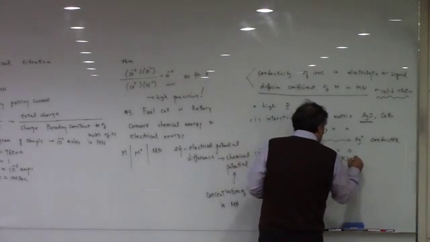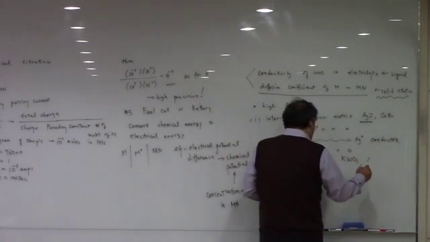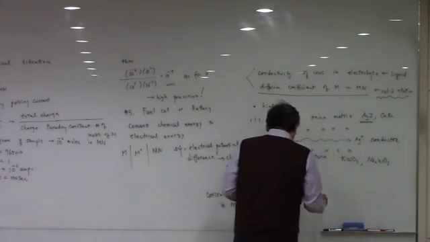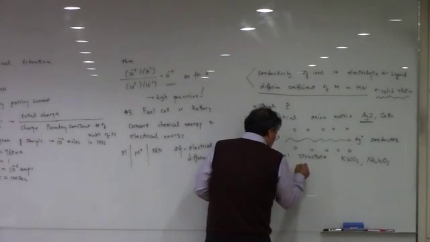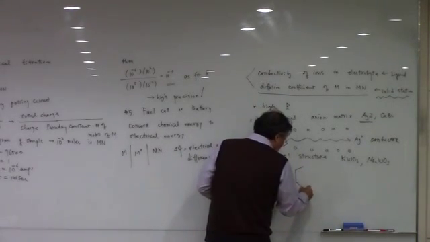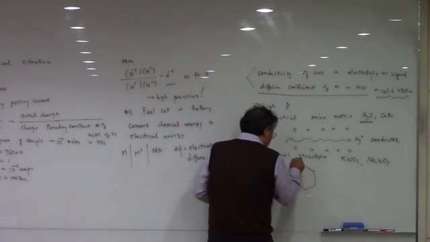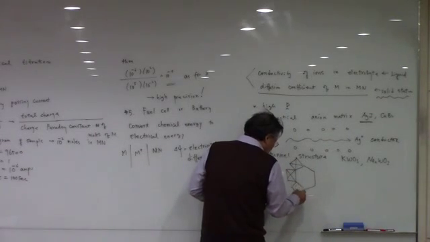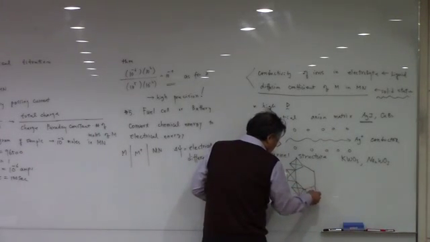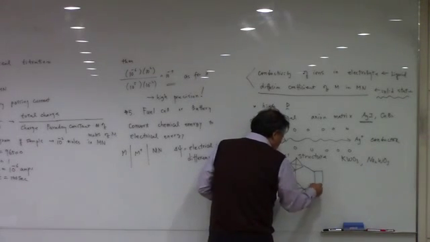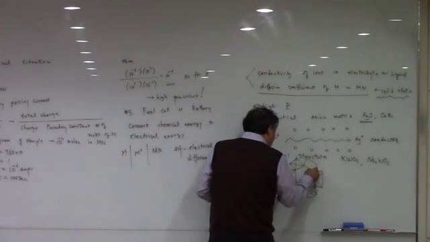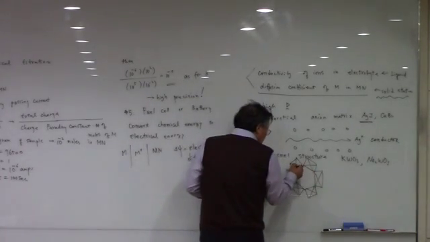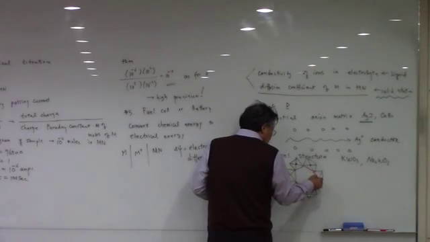Like potassium tungsten oxide and sodium tungsten oxide. And in this system, it has something like this. Okay, open structures. So we have oxygen octahedrons, and our tungsten at the centers here.